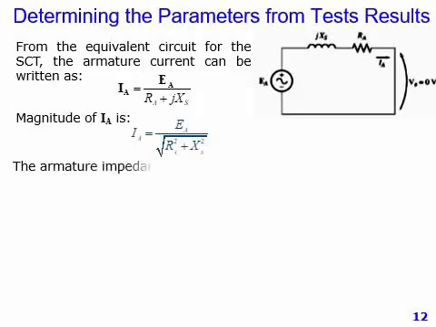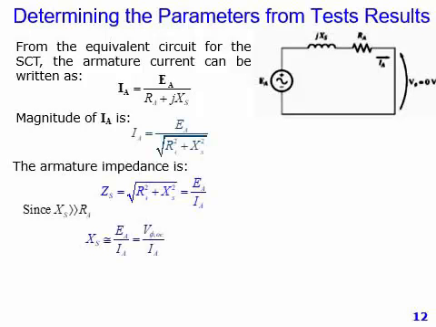To determine the parameters from test results from the equivalent circuit for the short circuit test, the armature current can be written as something like this. This has been taken from this circuit diagram, and we have used Kirchhoff's current law and Kirchhoff's voltage law.